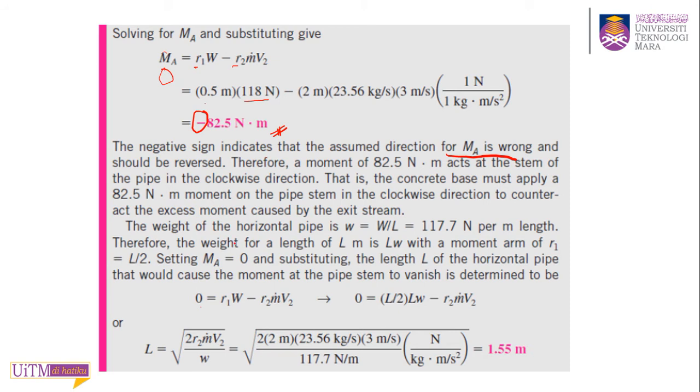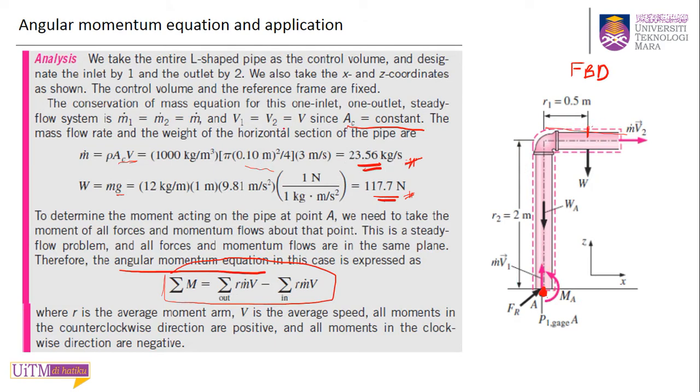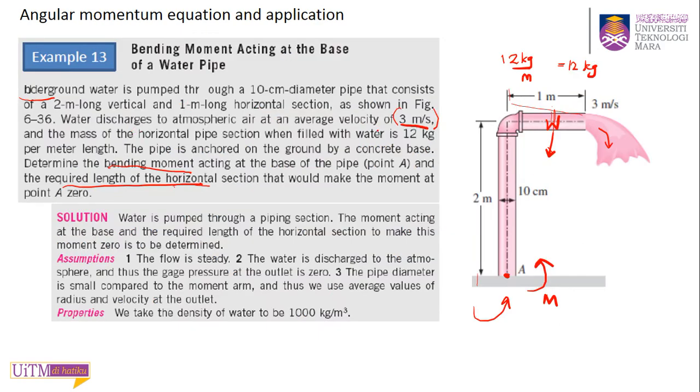So to find the length, you need to change this R in terms of length. You know that they gave you the weight in the question. 12 kilogram per length. Where is the question? This one. They gave you the 12 kilogram per meter length.